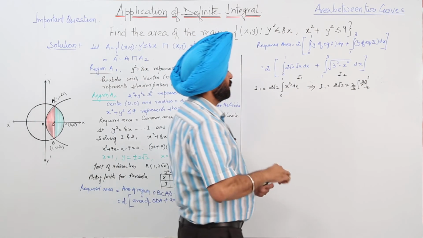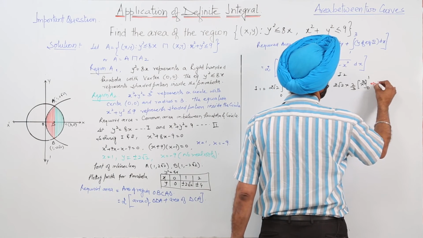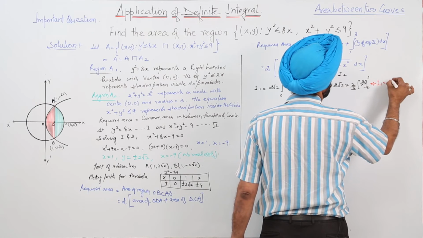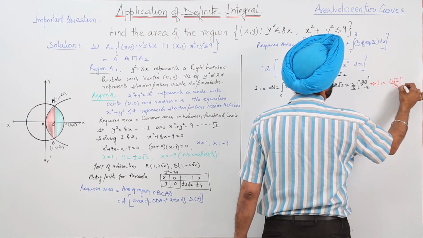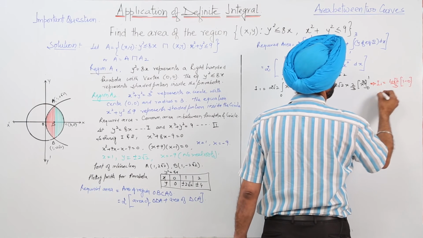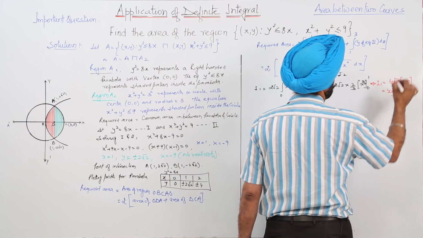Okay, and this is equal to 4 root 2 upon 3 with 1 minus 0, so I1 is equal to 4 root 2 upon 3.